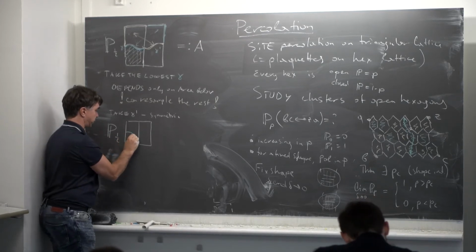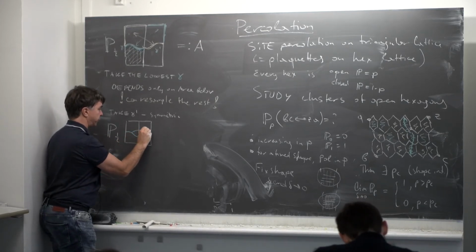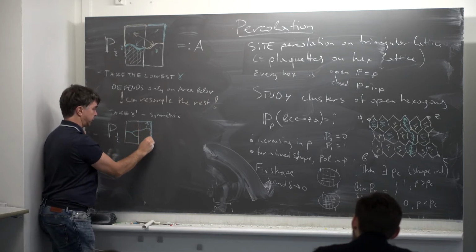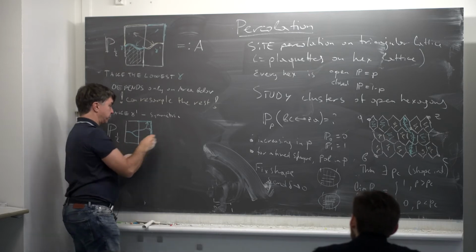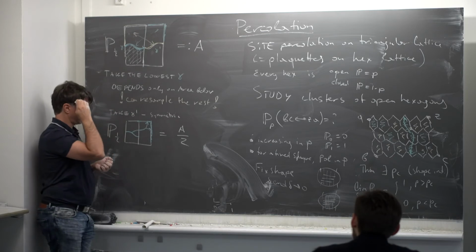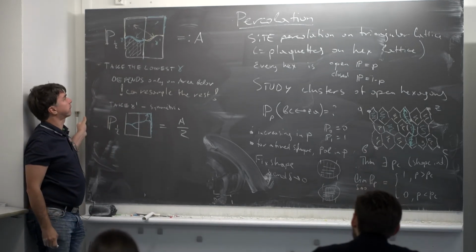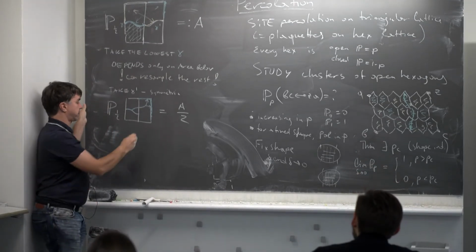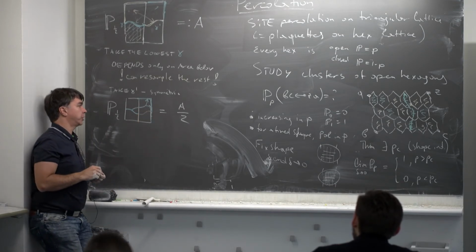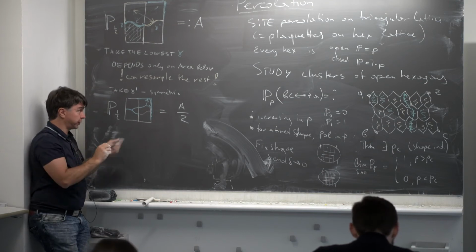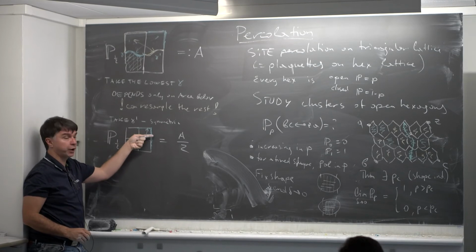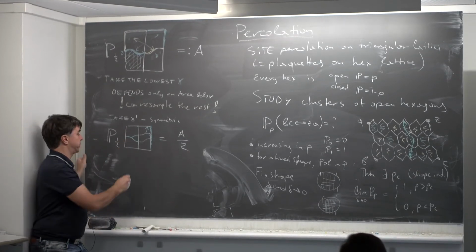So I get that the probability at 1/2 of having a crossing which goes like this, so I have this one and then I go from it either here or here, is equal to A/2. And what can happen with this crossing? Either it lands above or it lands on the right. So there are two possibilities.